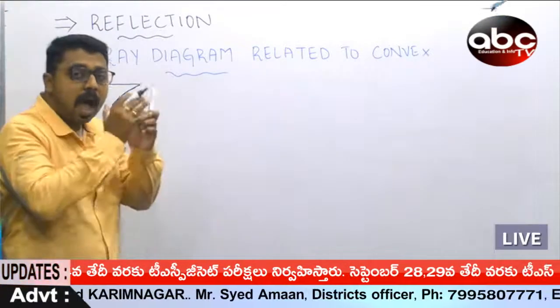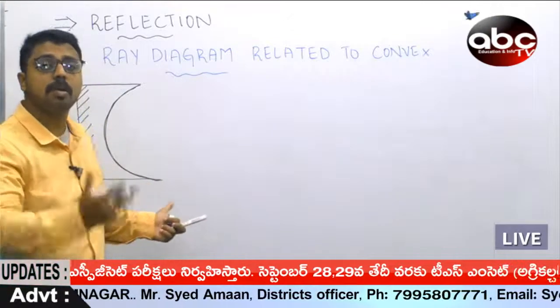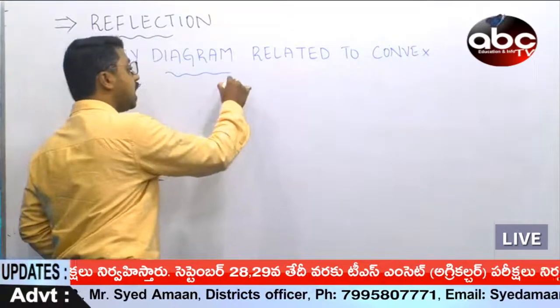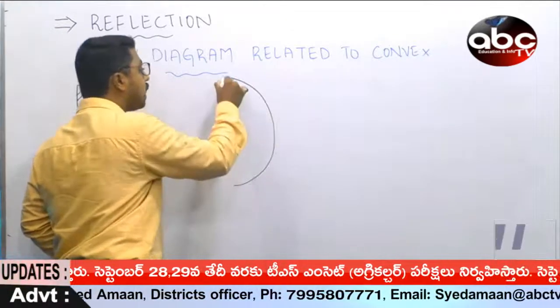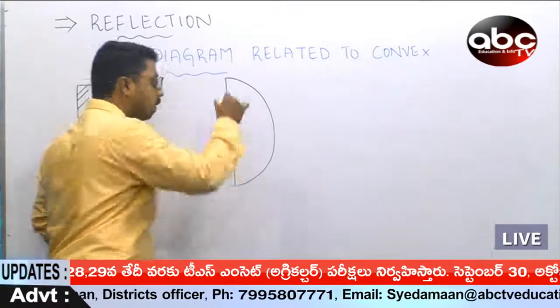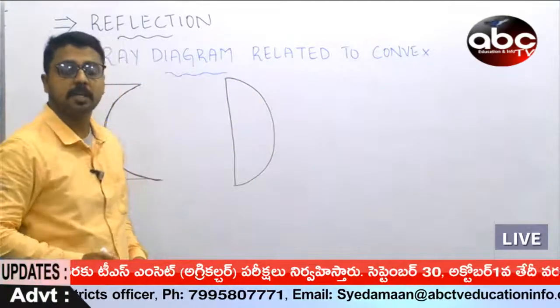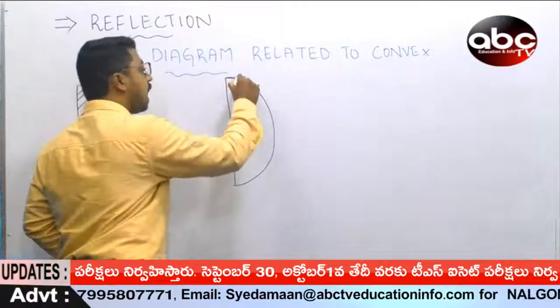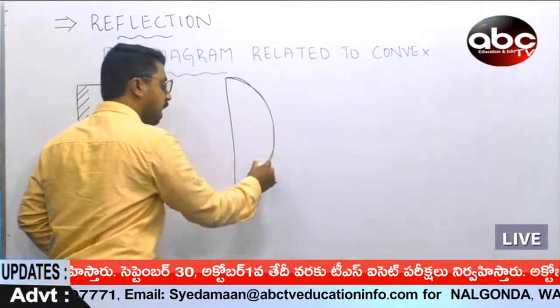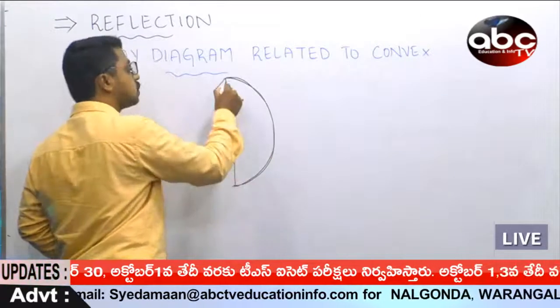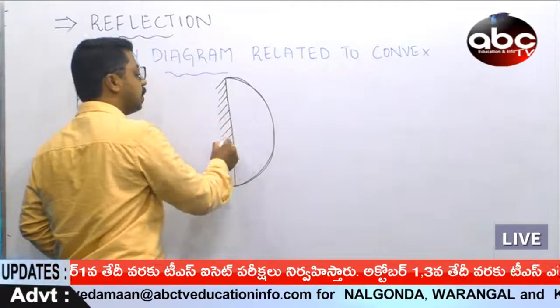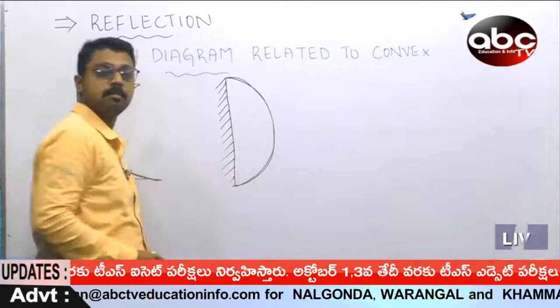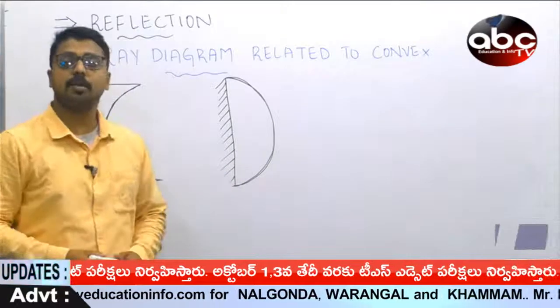So on the contrary to this one, we take a convex mirror. What is the difference found here? Here is the active portion, this could be the active portion and this could be the inactive portion.